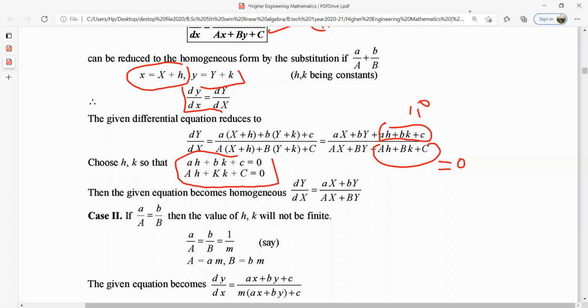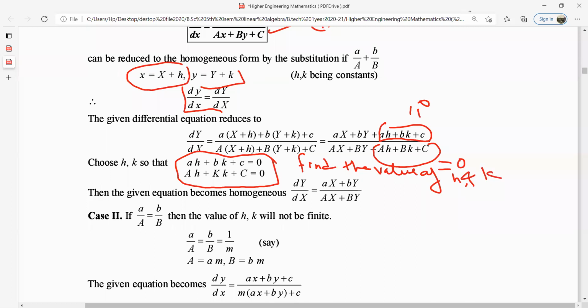So you have to here see these two equations, and after that solving these two equations for h and k, and find the value of h and k.